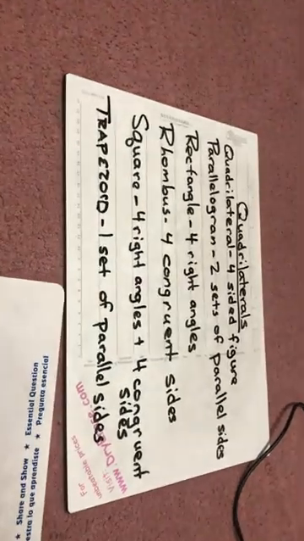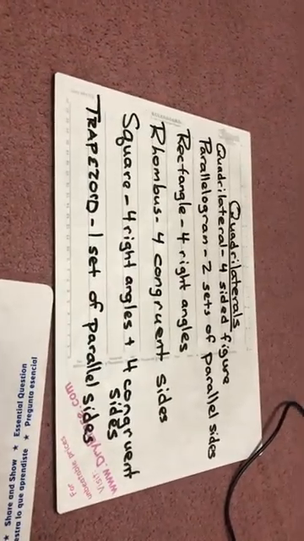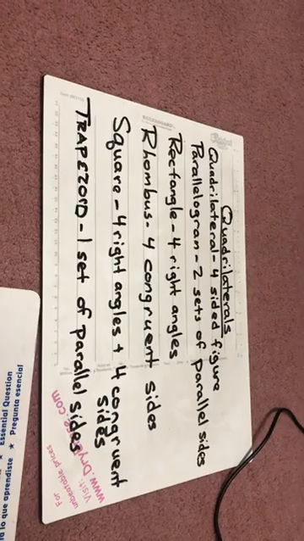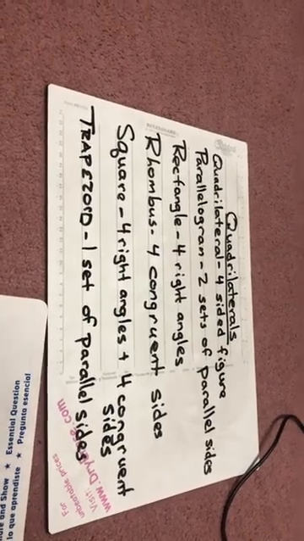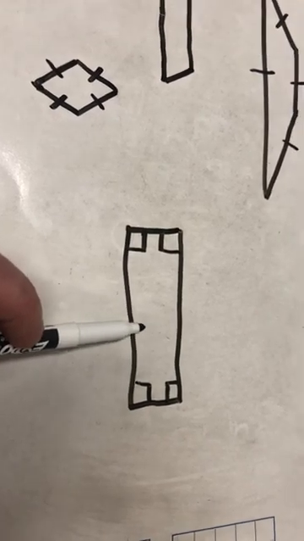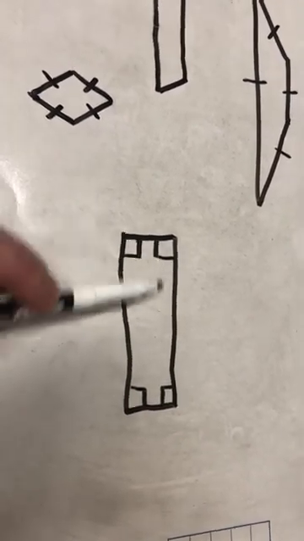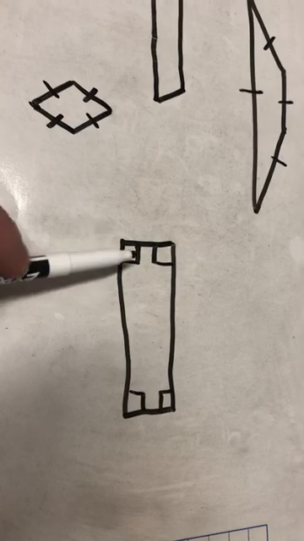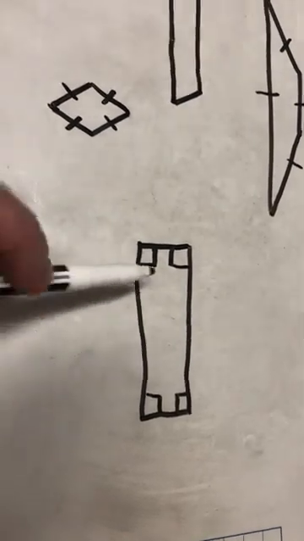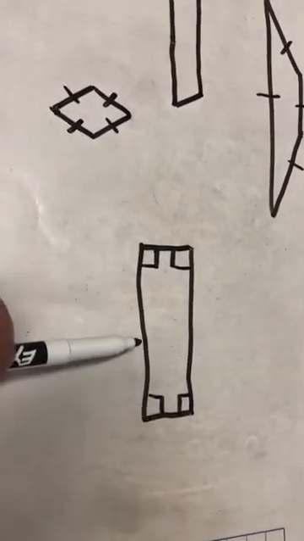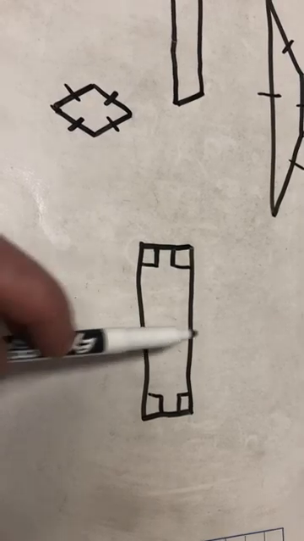The next one is a square. And a square has 4 right angles and 4 congruent sides. So it's similar to a rectangle in the sense that a rectangle has 4 right angles. But to be classified as a rectangle, it does not need to have 4 congruent sides. As you can see, the left and the right are significantly smaller than the bottom and the top.